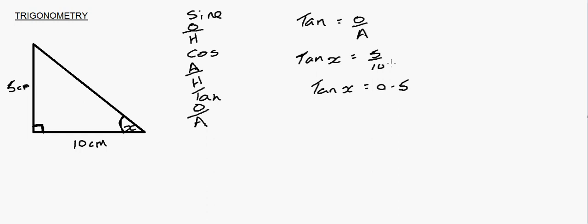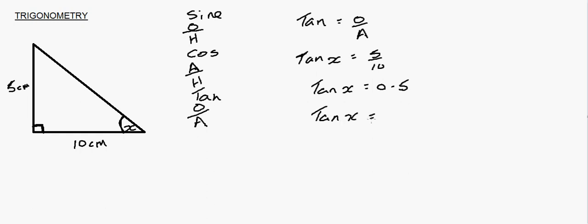So this is nice and simple, but if you get, I don't know, 7 over 13, you just divide 7 by 13. Okay, and then you'll get a decimal. You need a decimal.